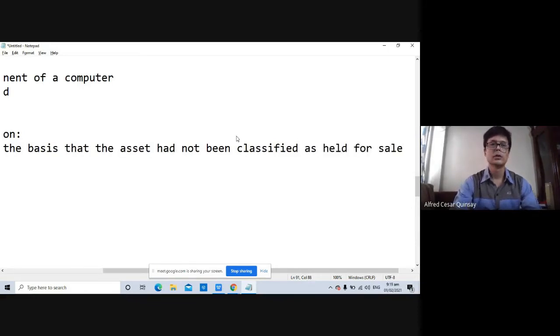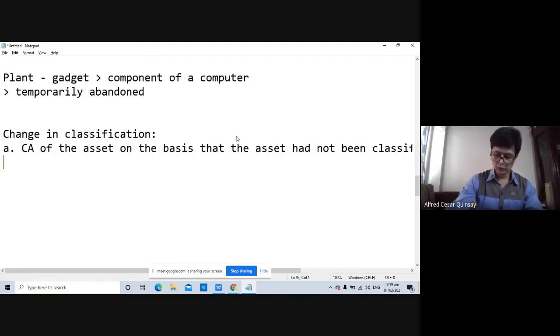So the entity may change the classification, for example, if there is a decision not to sell the non-current asset or the criteria for being classified as held for sale may no longer be met.